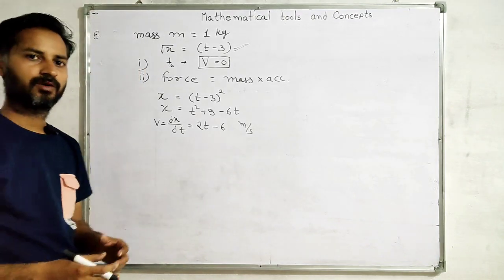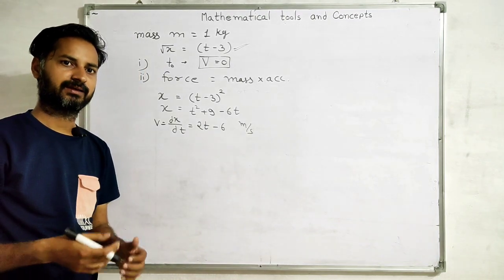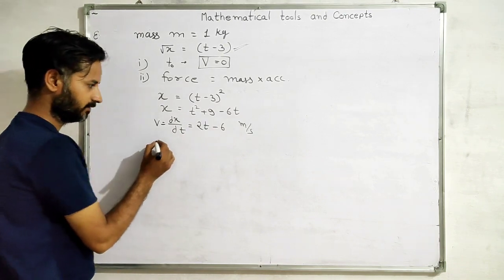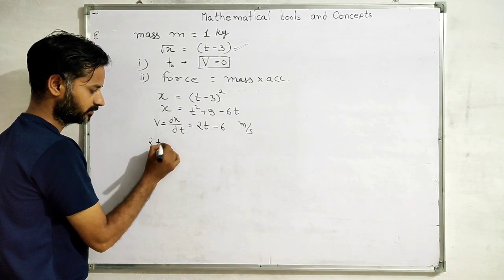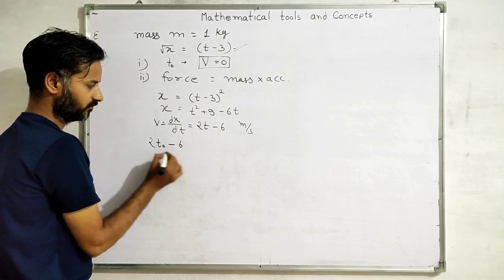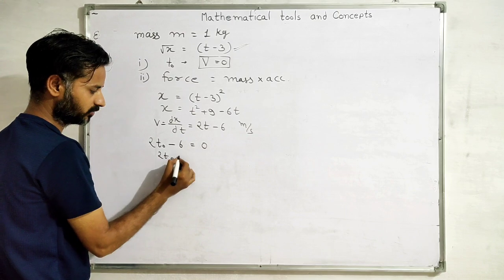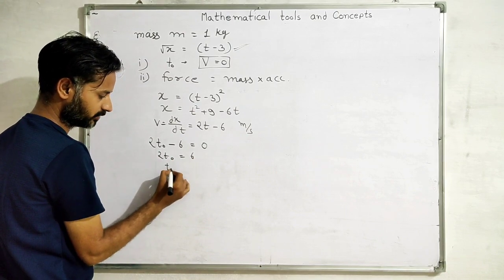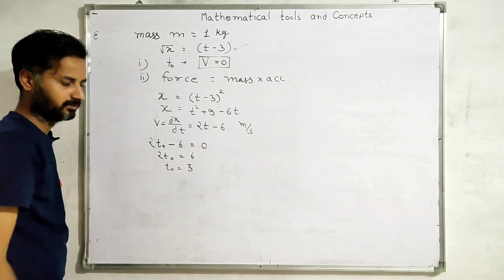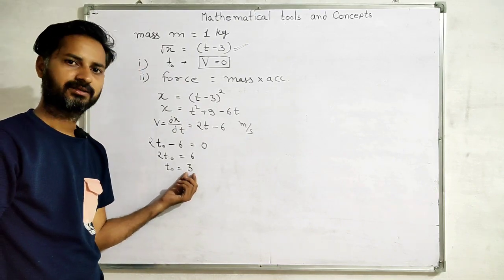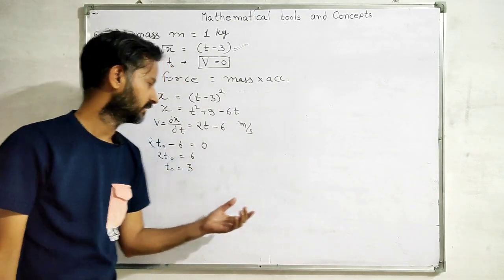Now we want to know the time when it comes to rest. Let the time be t₀, then at time t₀ v becomes 0, so 2t₀ = 6, or t₀ = 3. So at 3 seconds this object comes to rest.